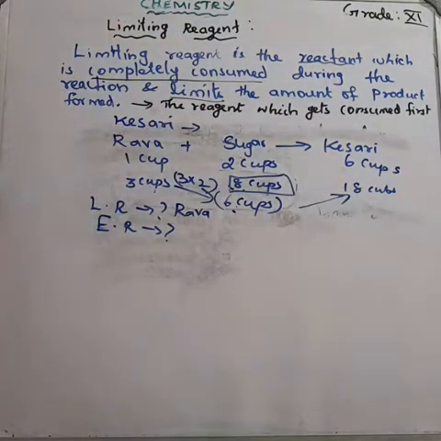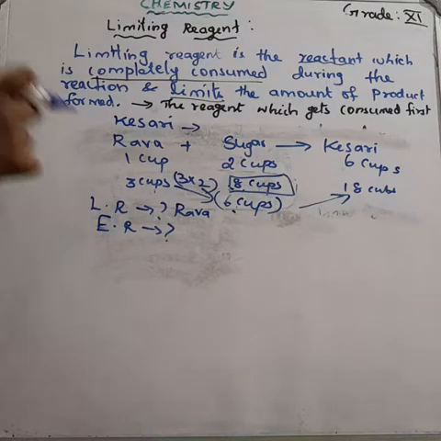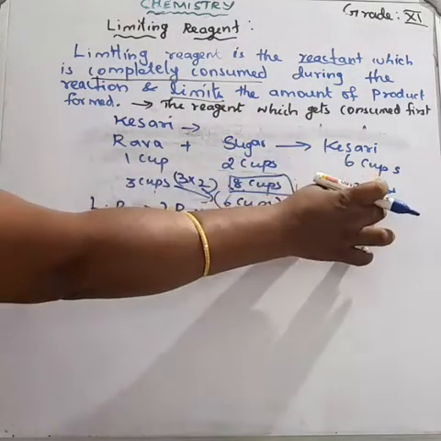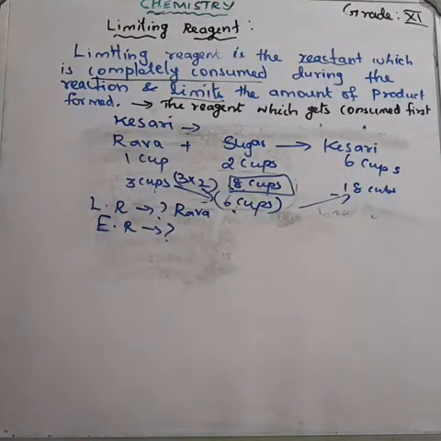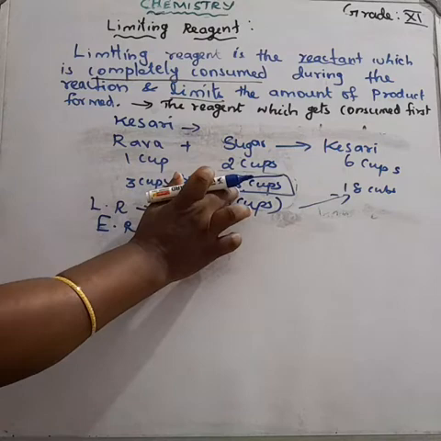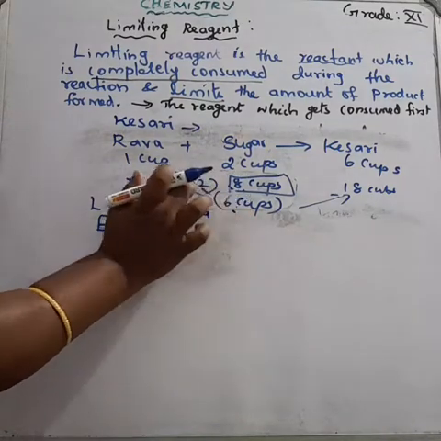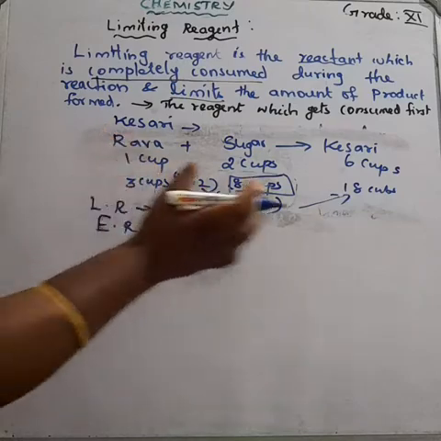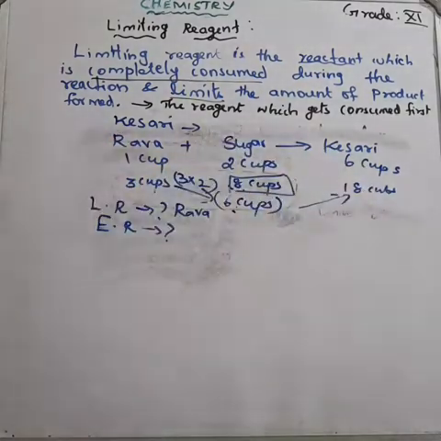Suppose we add 6 cups of sugar with the 3 cups of rava, we get 18 cups of kesari. In the case of adding 8 cups of sugar to 3 cups of rava, we cannot get more than 18 cups of kesari.